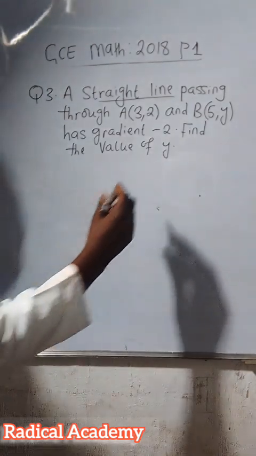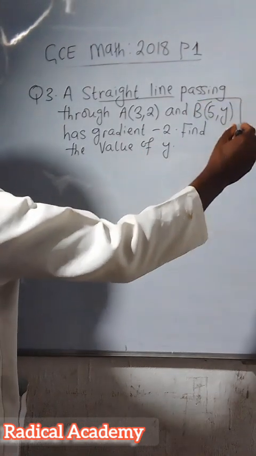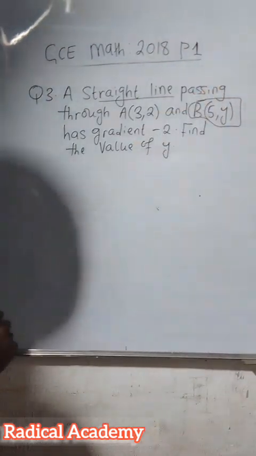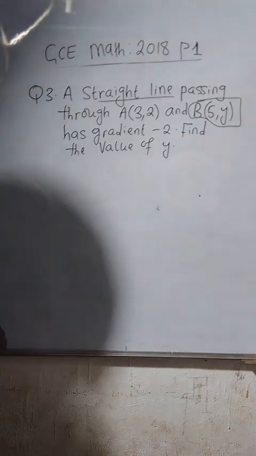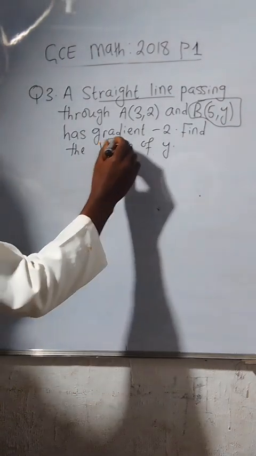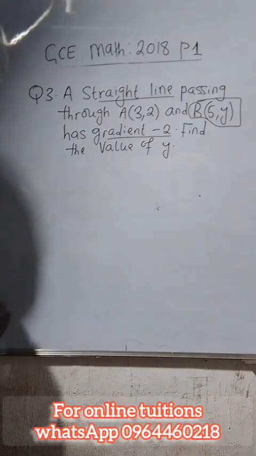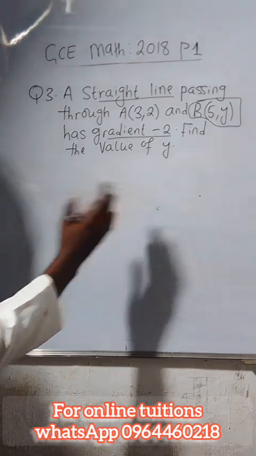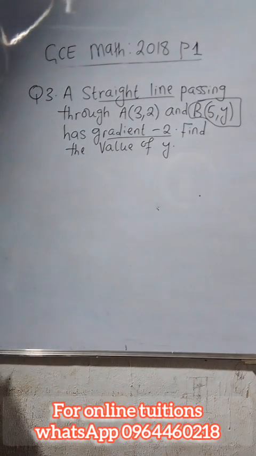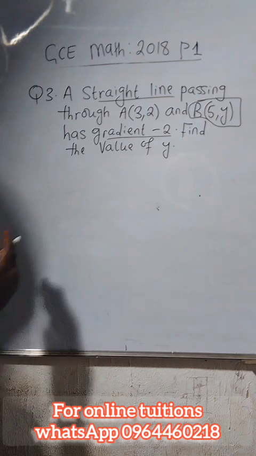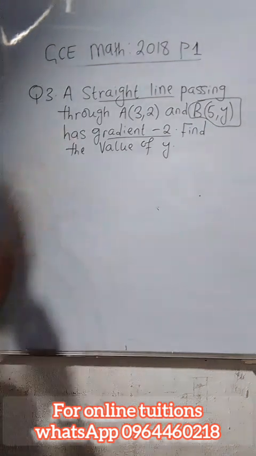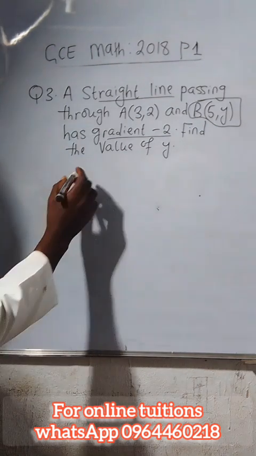The most important thing is we are looking at this coordinate, B (5, y). Now we have been given the gradient, and you need to find the intercept. And what is the intercept? The intercept is the point at which this straight line passes through the y-axis.